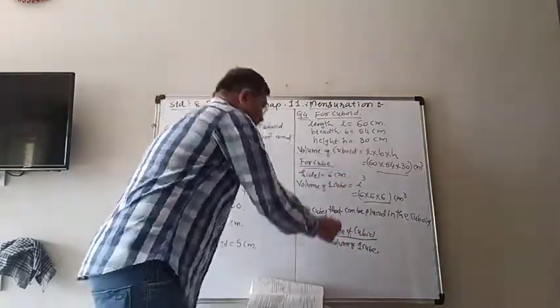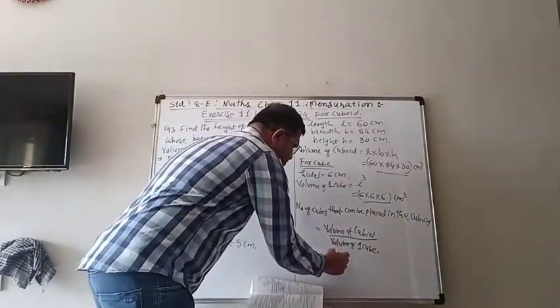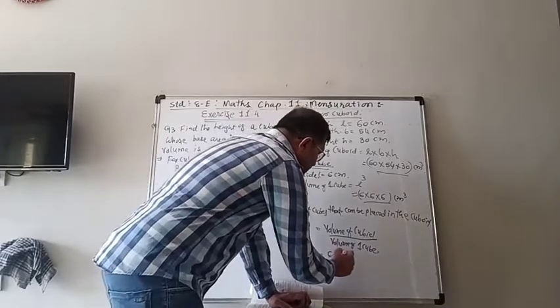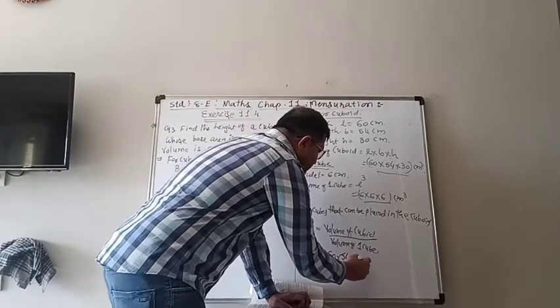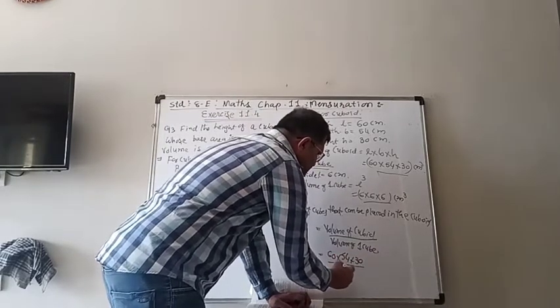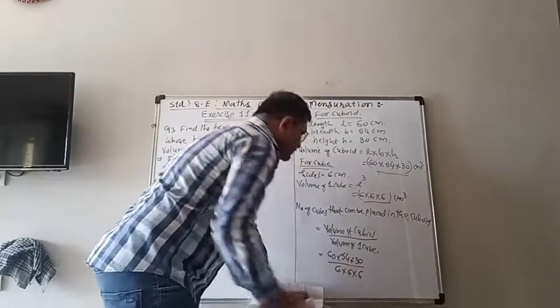So here we will write down the same dimensions, so it is easier. 60 multiplied by 54 multiplied by 30 upon 6 multiplied by 6 multiplied by 6.